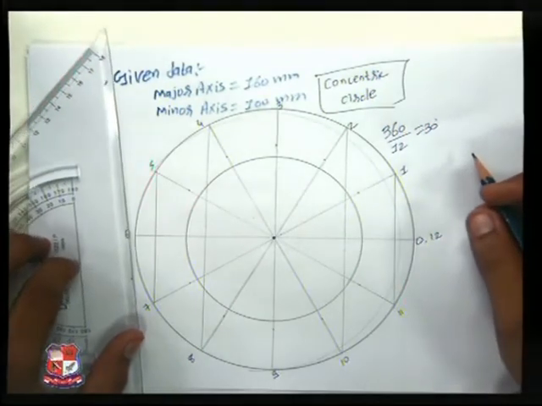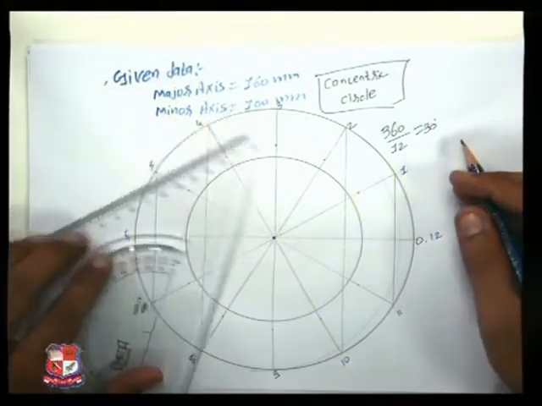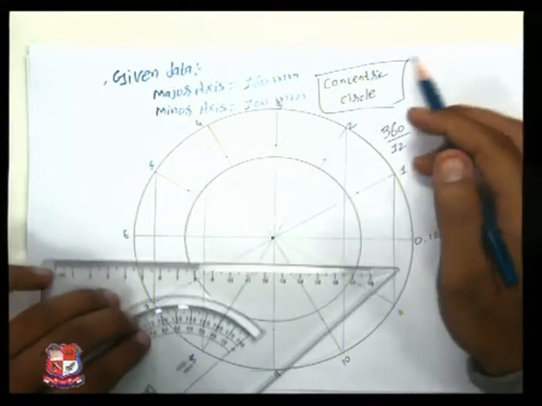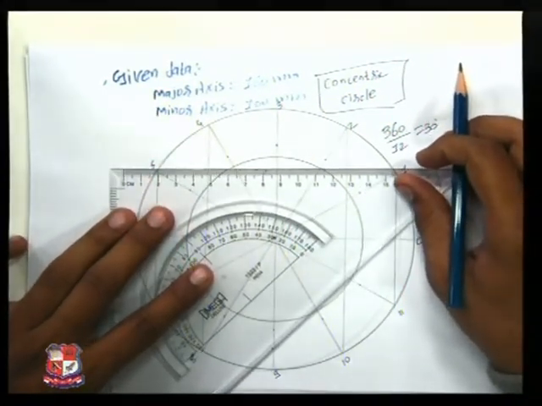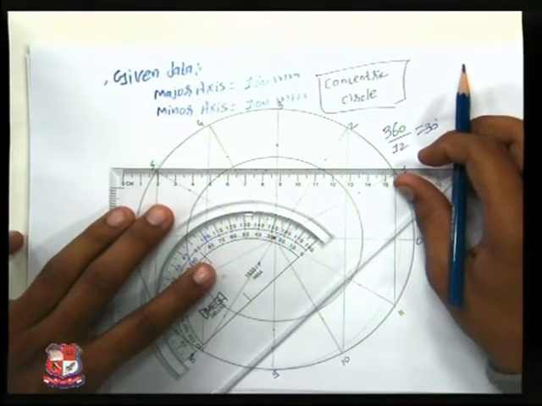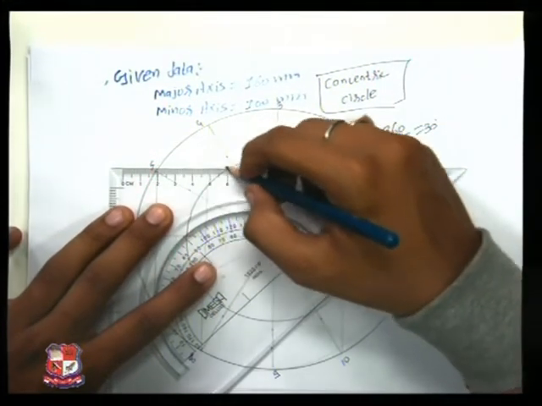Now from this minor axis circle we will draw horizontal lines which will intersect with the vertical lines.